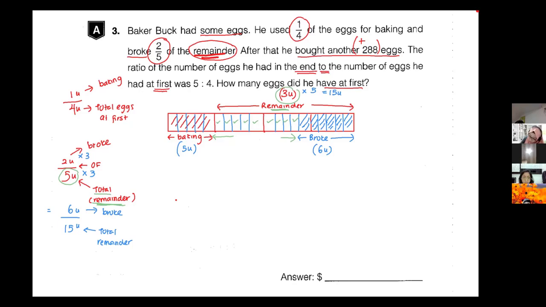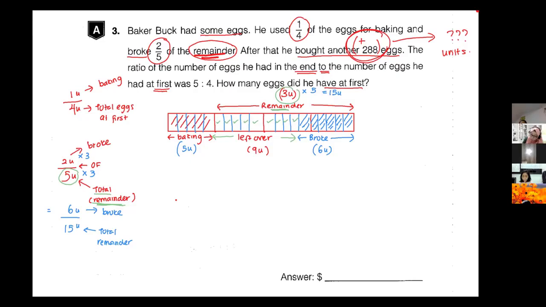This 288, I want to know how many units refers to that. This one will be my leftover. This is my leftover, and it is 9 units. Now that leftover is not the units of 288. No, it is not that. How do I find how many units my 288 is then?